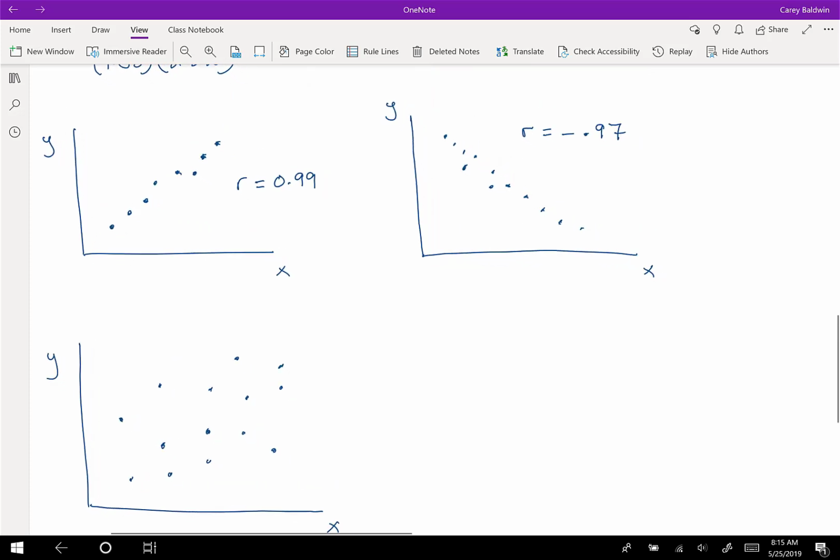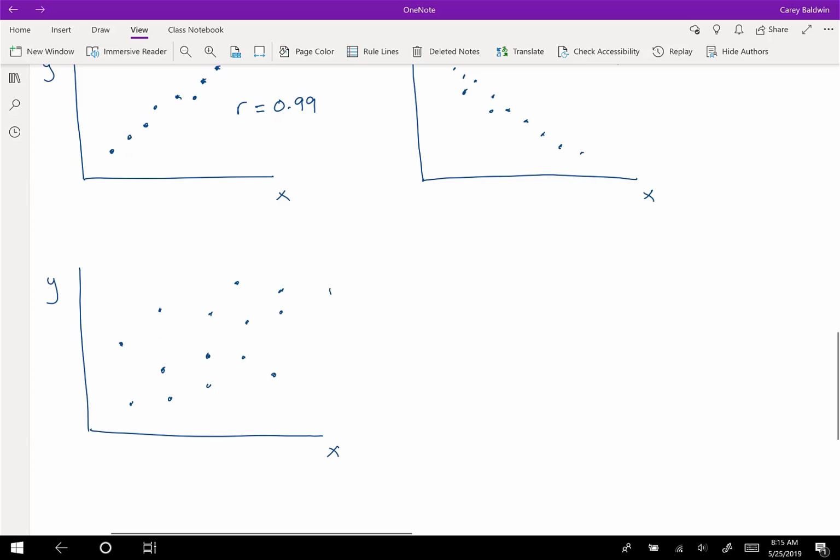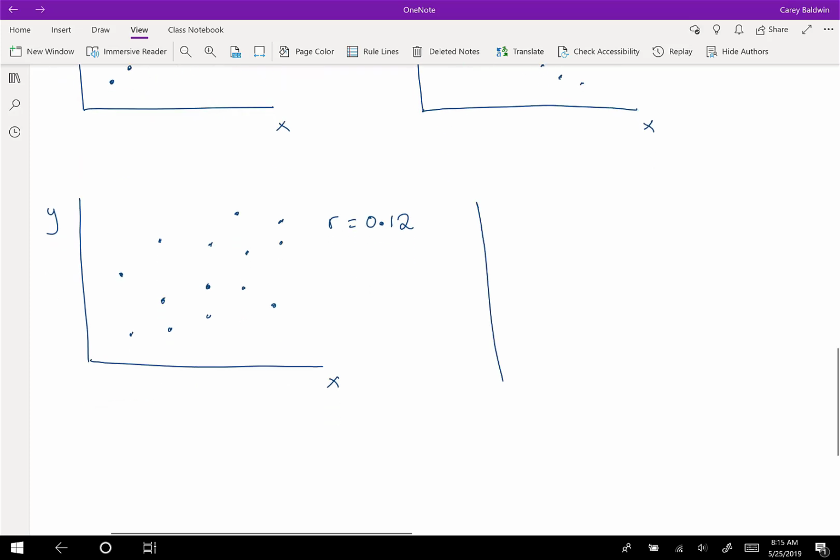Whereas up here, knowing the behavior of x is very informative, because if I know that x is a larger value, I could predict that y is also going to be a larger value. But if I have a cloud like this, maybe I see a very slight upward trend if I were to draw a straight line here, but the values don't appear to be very closely associated. So I might get something very small, like r equal to 0.12.